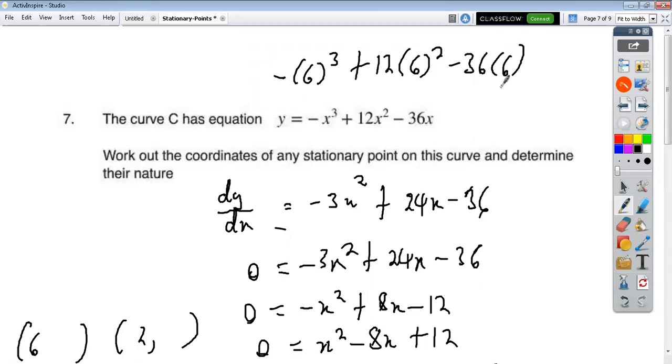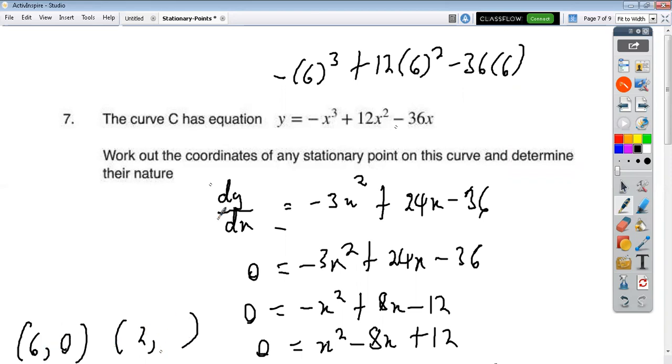Let's use our calculator. Don't forget to write that negative first. I'm getting 0. Are you getting 0? Yes, sir.